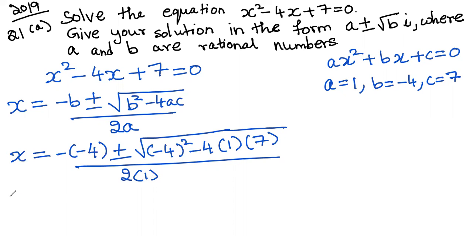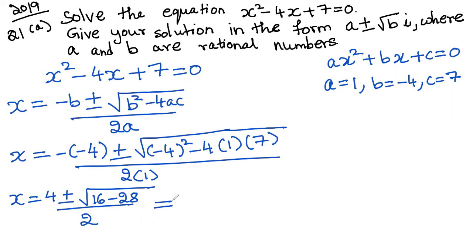So we get x equal to 4 plus or minus square root of 16 minus 28 over 2, which can be written as x equal to 4 plus or minus square root of negative 12 over 2.